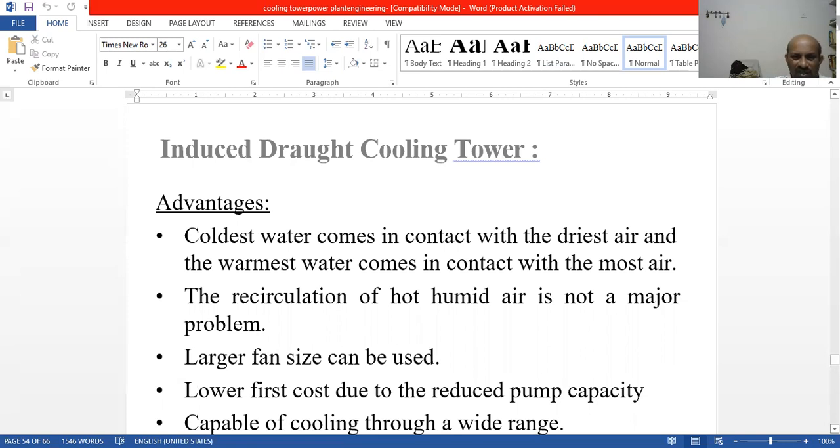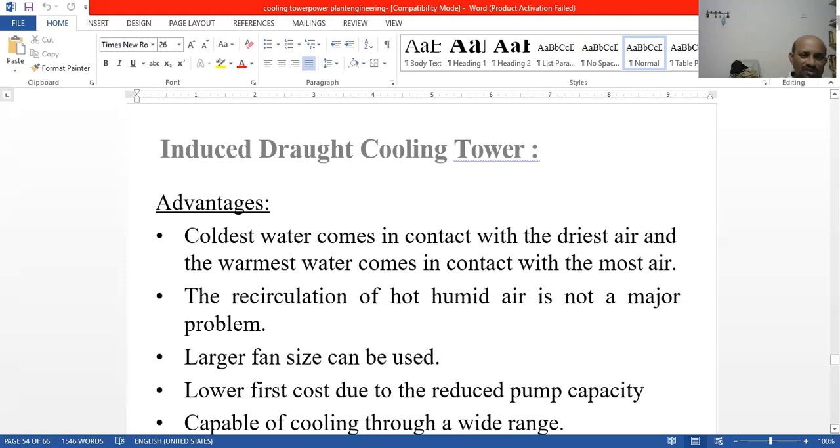The recirculation of hot humid air is not a major problem. That is one of the things. The recirculation of humid air is not a major problem, and a larger fan size can be used, and there is a lower first cost due to reduced pump capacity, and it is capable of cooling through a wide range.